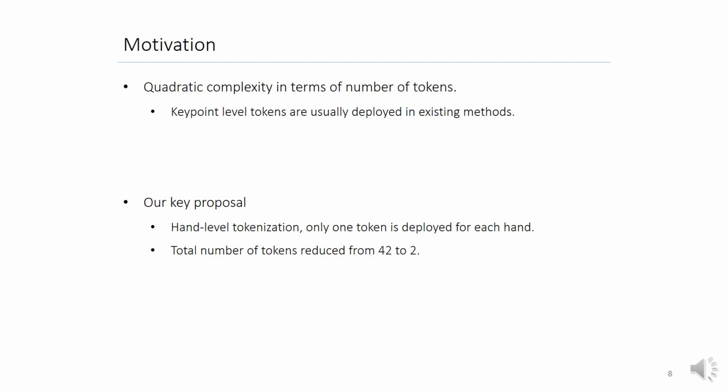Our motivation is to decrease the number of tokens. Therefore, we propose a novel hand-level tokenization, where only one token is deployed for each hand. This reduces the total token count from 42 to 2, significantly cutting down on computational demands.